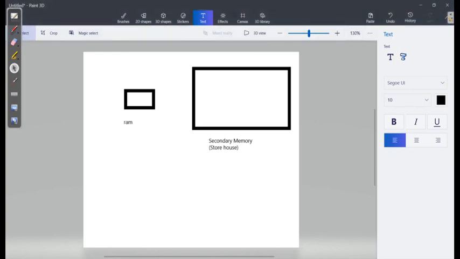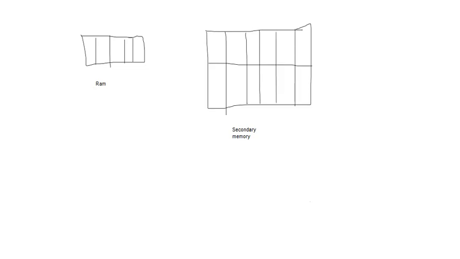To find the occurrence of a page fault, let us divide our RAM into frames. These are actually your frames, and we divide the secondary memory into some virtual small blocks called pages.